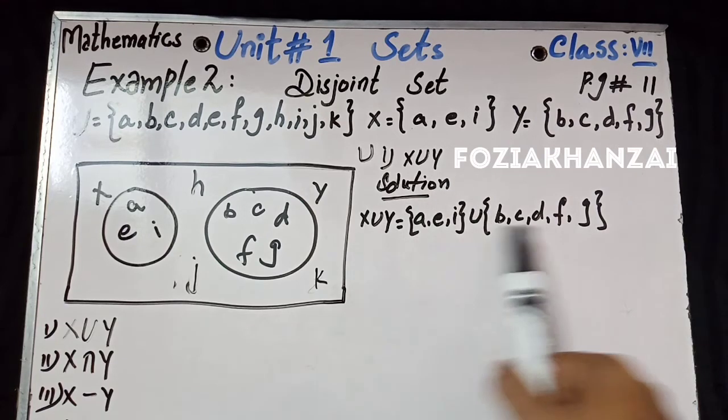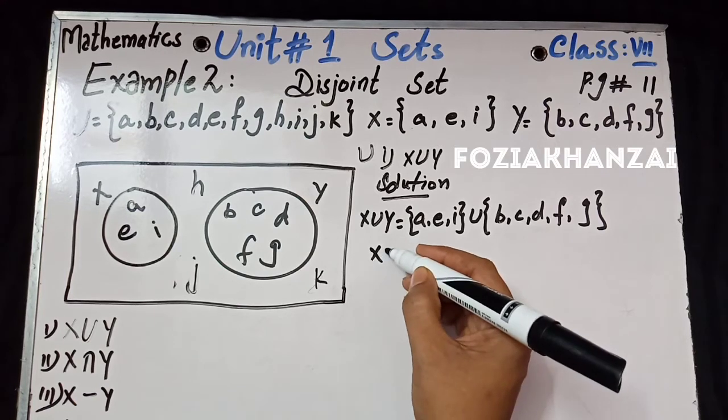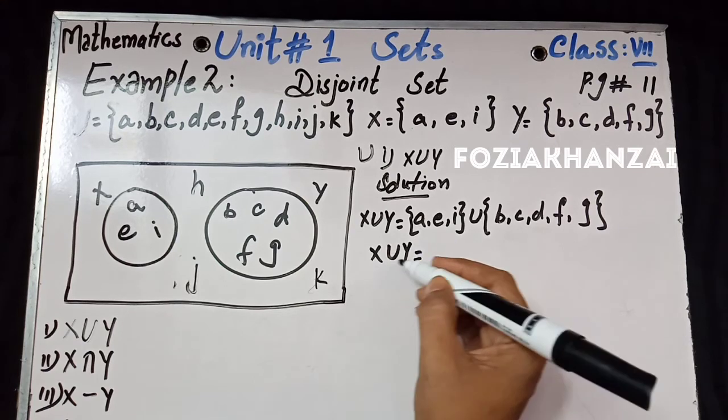First we copy both sets' elements, then find the union. This step is called the answer, X union Y.